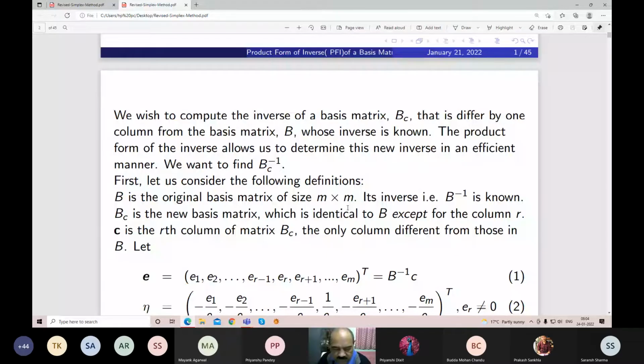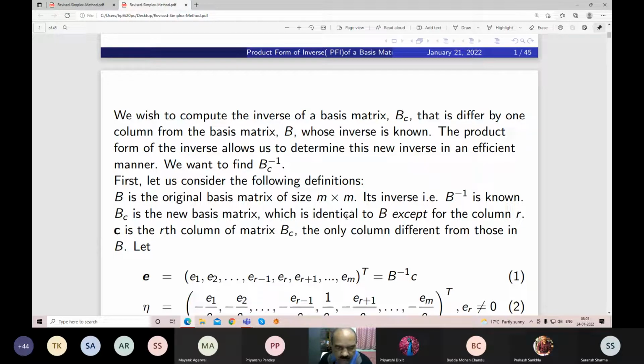In a linear programming problem, generally we have m number of constraints. With respect to the m number of constraints, we have m number of basic variables. Generally, the basic variables are either slack variables or the artificial variables, as you know.